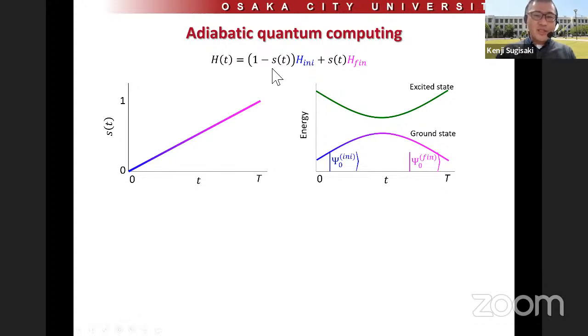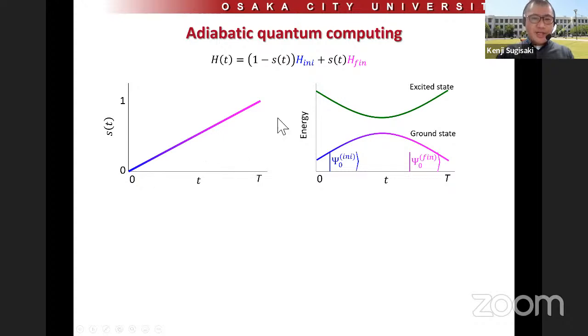Usually we use a linear function as the scheduling function. Let's think about the situation where the total evolution time is large T. In this case, s(t) equals small t over large T.